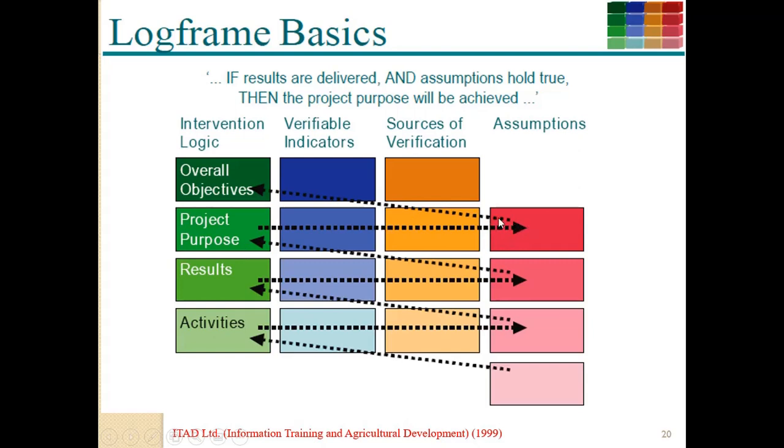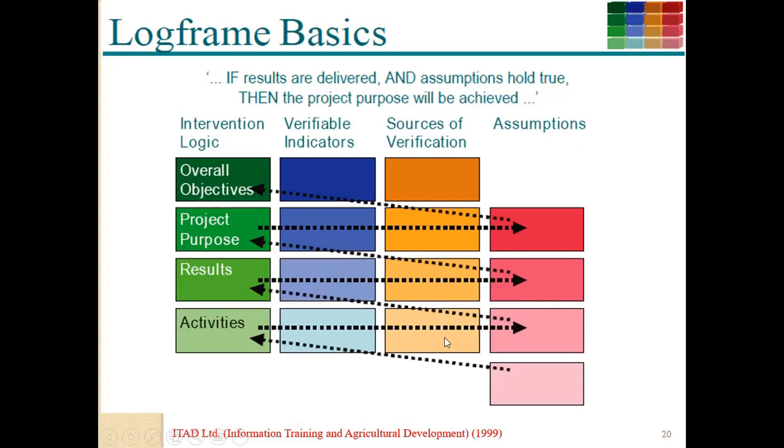Now, the assumption here is that community members are willing to maintain the boreholes, and therefore if they are maintained, then you should be able in the long term to achieve your overall objective, which is a reduction in waterborne diseases in that particular community.